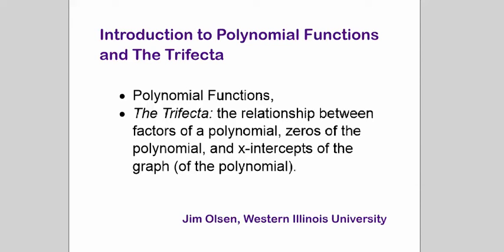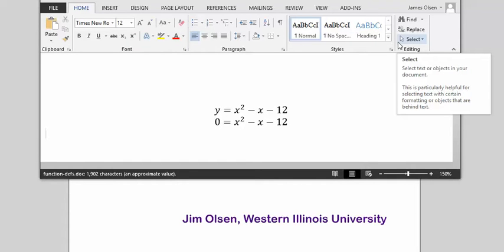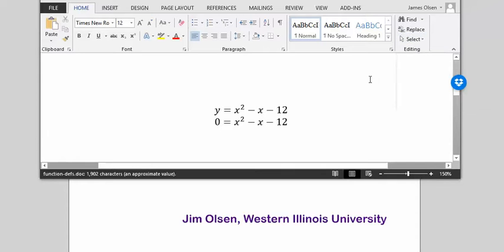Let's start with a quadratic. Here we have the second degree polynomial function y equals x squared minus x minus 12. And we are frequently interested in trying to find out when y is 0. So I'm trying to solve this equation. Remember, that means finding solutions or finding roots or finding zeros.